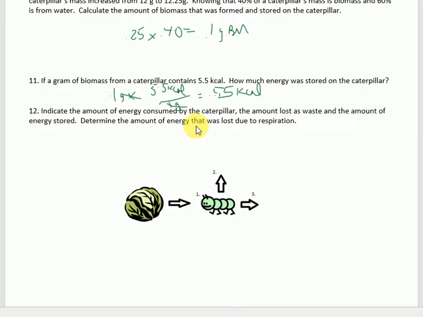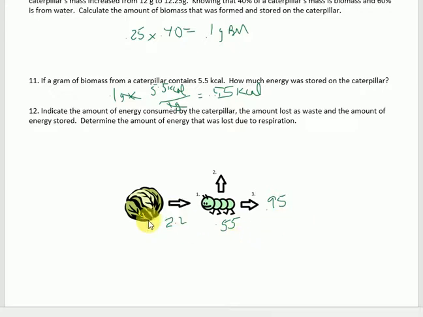Okay, so we know that we started here with the 2.2. And we also know that we just figured out that the caterpillar stored 0.55 kilocalories. And we figured out that as waste, since we decided to weigh it, it was 0.95 kilocalories of waste.